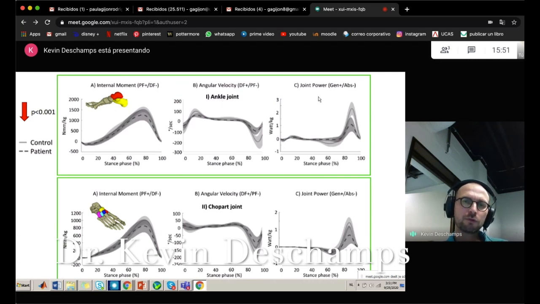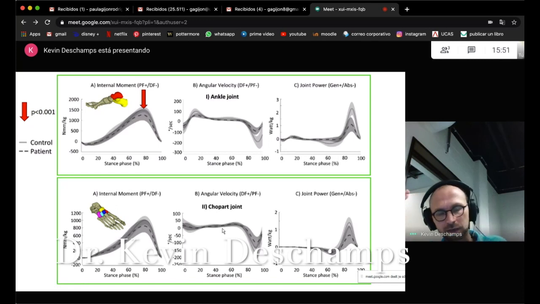What we observed in this study is that at the ankle the peak internal plantar flexion moment was significantly different. So the loading of the joint was significantly lower throughout the propulsive phase. The same at the level of the angular velocity, so the flexion range of motion was reduced.